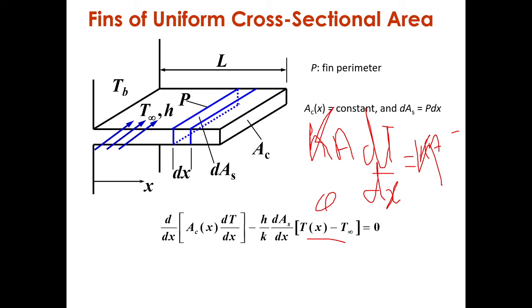When we divide by k on both sides, this side only A dT/dx will remain, and this side h upon k A into the difference of temperature will remain.